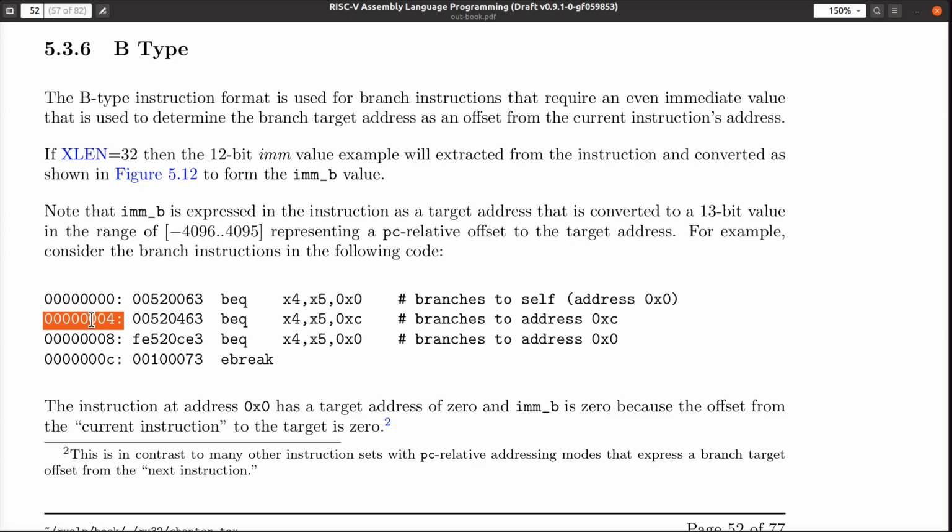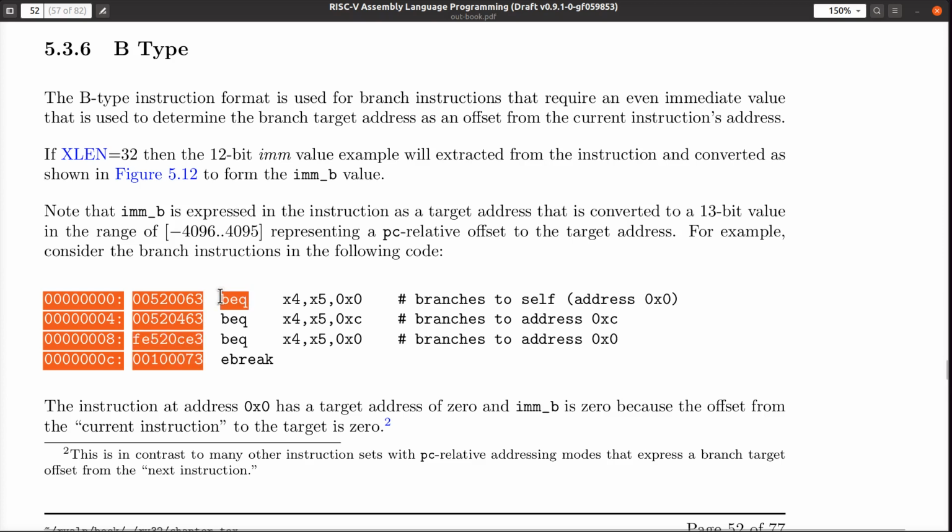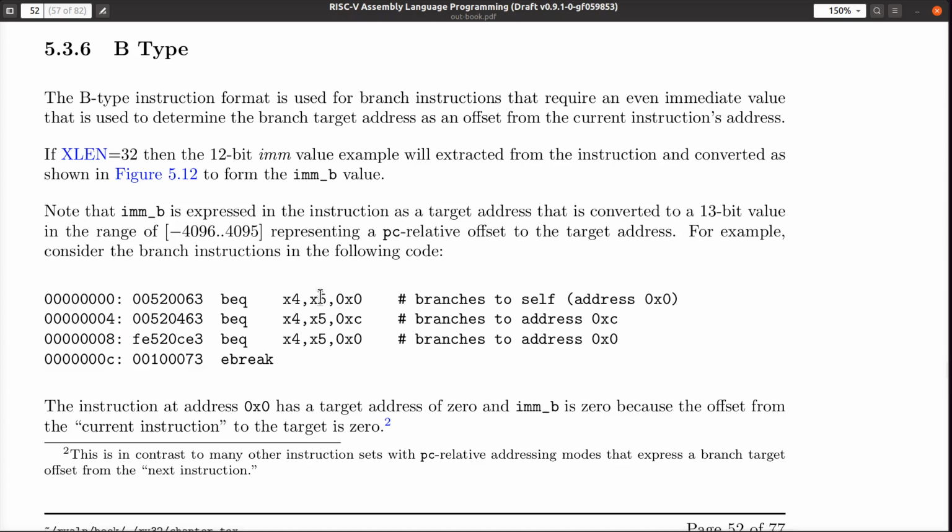Okay? In the RISC-V, program counter relative addresses are expressed based on the address of the current instruction that is executing within which the address is used, okay?